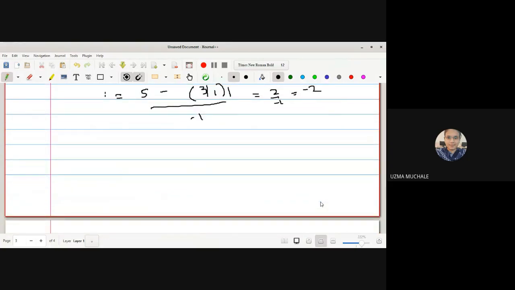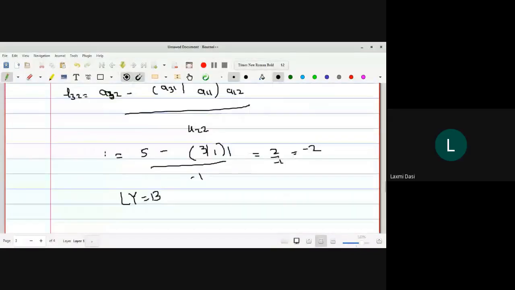We have to proceed to solve Ly is equal to B. Ma'am, value of U33? We haven't found U33. Okay, it remains to find out. What is the formula for U33? Ma'am, it's minus 10.